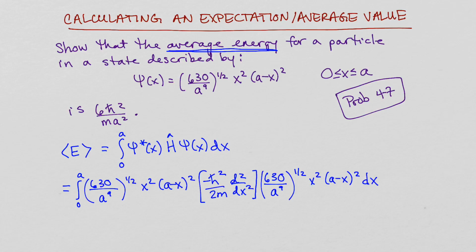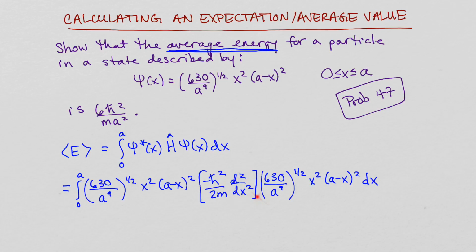You can take other approaches to this, so just do whatever works for you. There's no one way to do these problems. I'm just showing you one example. Okay, so once you simplify that a little bit, pull out all your constants here, and evaluate the derivative.